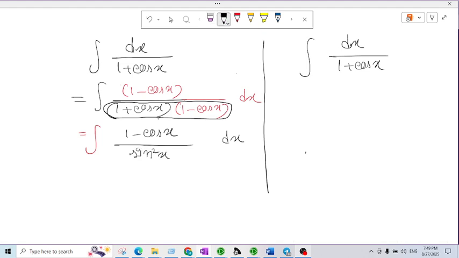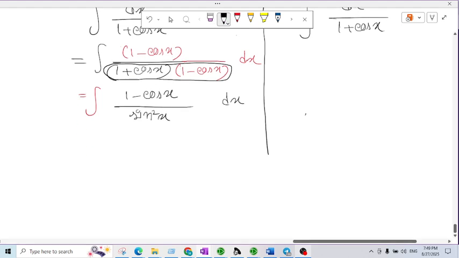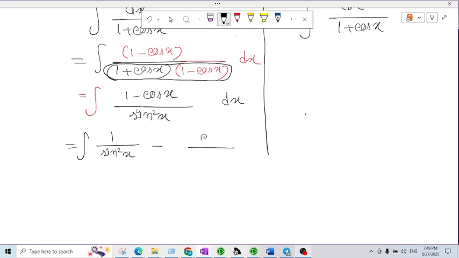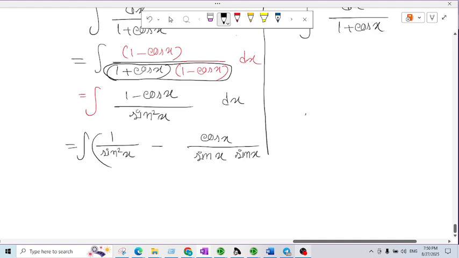Okay, so now we have to divide 1 by sin square x, and then again we have to divide cos x by sin square x. Okay, so now we can write sin square x is equal to sin x into sin x, right?